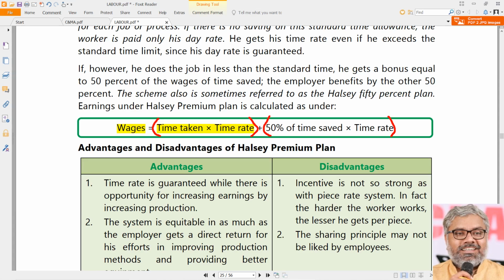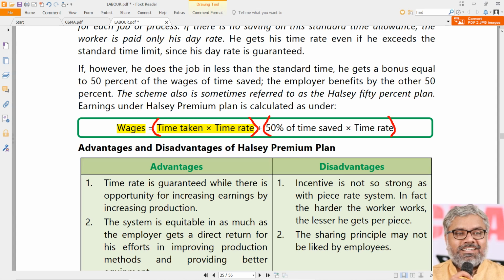First of all, we should not mix taxation with costing. Though some of the words we use are the same, that does not mean they mean the same thing in both places. So time taken multiplied with the time rate gives us the basic wages, the time wages.